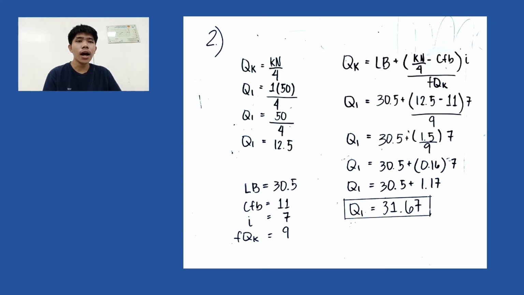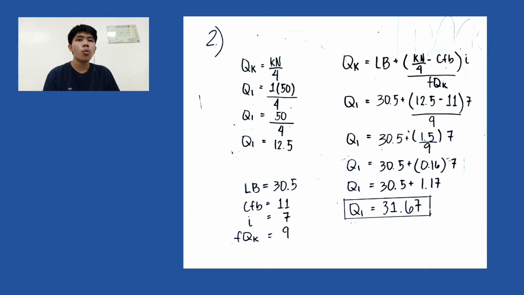First is our formula, which is Q sub K is equal to LB plus Kn over 4 minus CFB over FQK times I. Substitute: Q sub 1 is equal to 30.5 plus 12.5 minus 11 divided by 9 times 7.